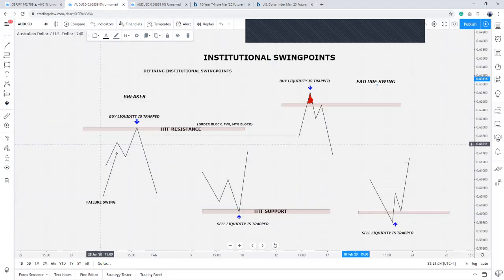As price starts to approach a higher time frame resistance level, IPDA starts to move price towards that level. So price keeps driving higher, higher, higher.